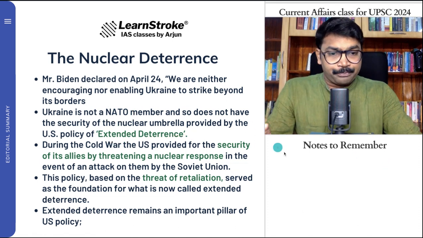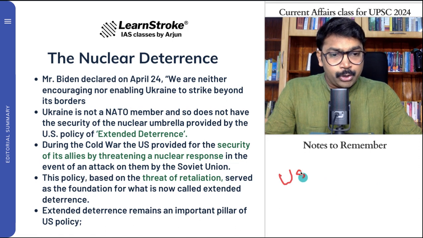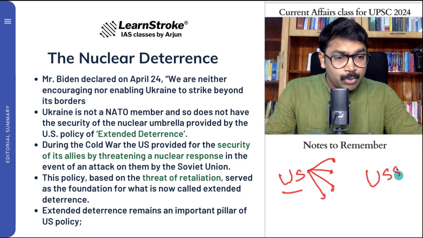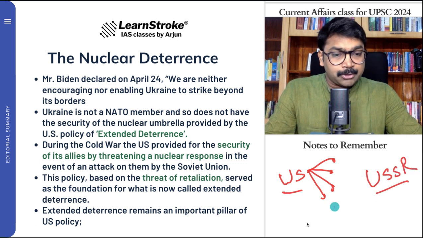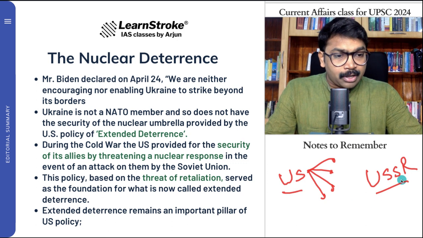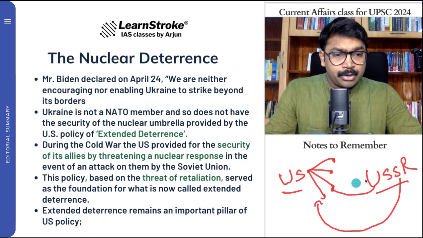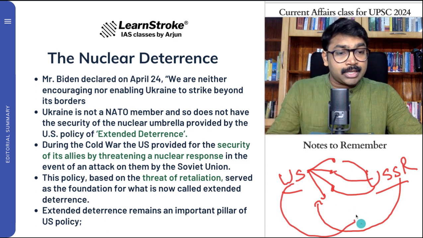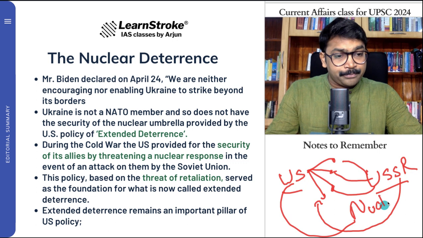Before you read that, just imagine that during the Cold War, there were some countries which were allies and supporters of the United States of America, and on the other side you had the USSR, the precursor of Russia. If Russia tried to attack any of the allies of the US, the US would threaten the USSR with nuclear catastrophe.